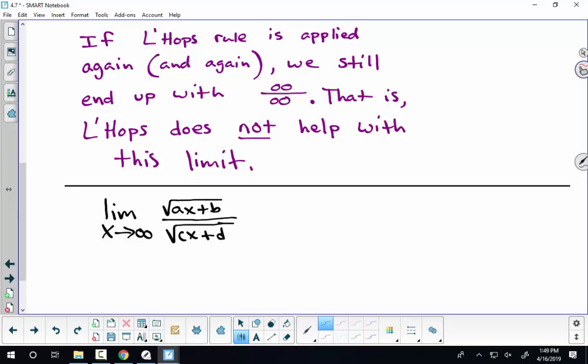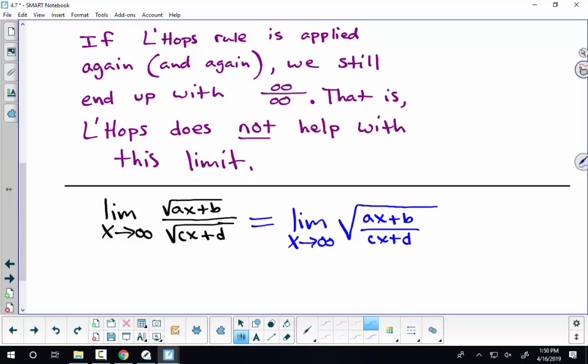So then you kind of have to dig deep here. First of all, can we rewrite the radical of ax plus b over cx plus d as one radical? Is that valid? Yeah, that's just an algebra step.